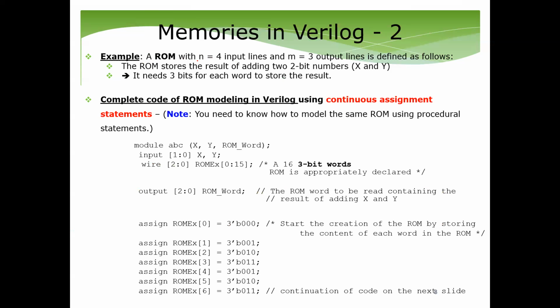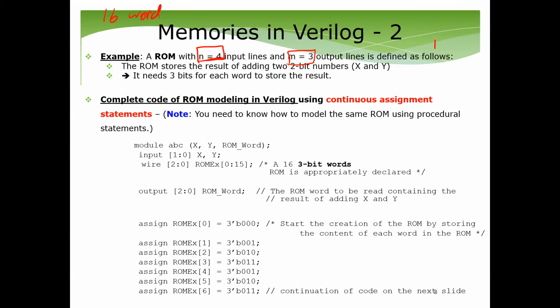Now, a ROM with n equal to 4 means I have a 4-bit address, meaning how many words if n is equal to 4? 16. We have a 16-word memory. Correct. And m is equal to 3. What does that mean? I have 3 bits per word.